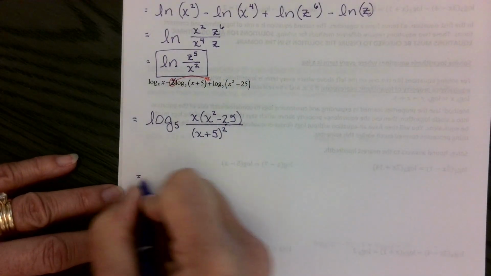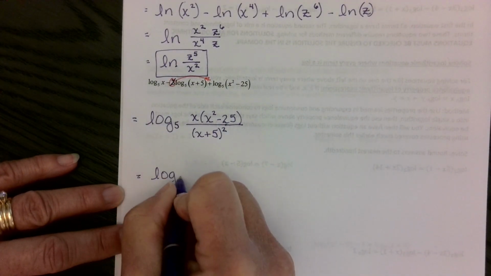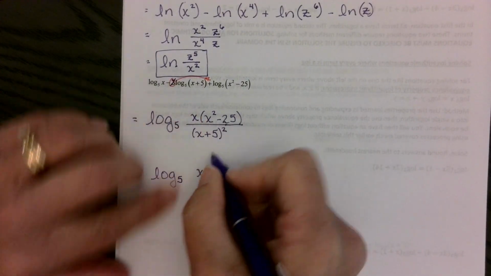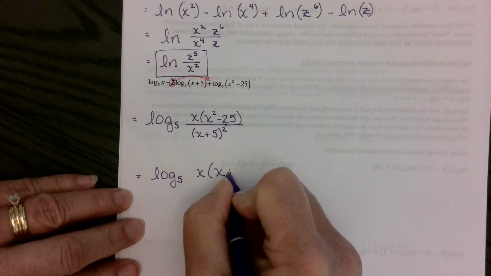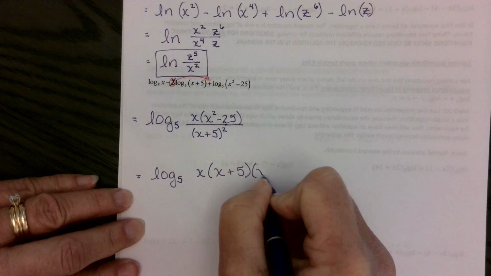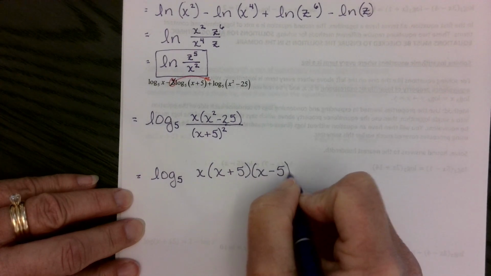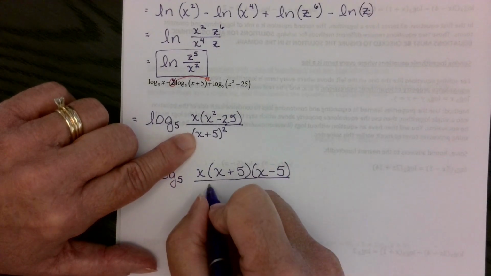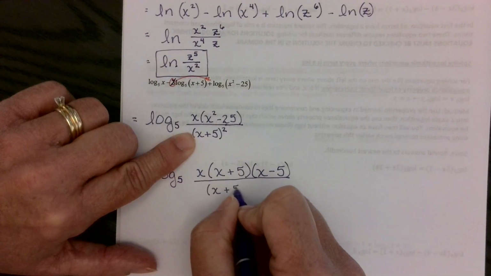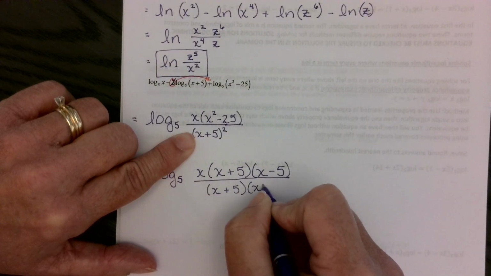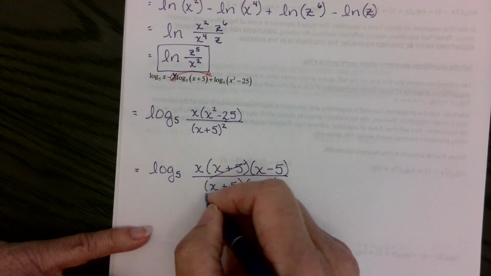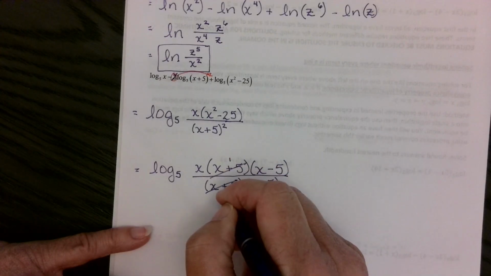All right, now we just have to simplify. Log base 5 of x, this will factor as x plus 5, x minus 5. Still factoring. Told you it was going to be important. Down here we have 2 of these. What this means is x plus 5 times x plus 5. Okay. These cancel to give us 1s.